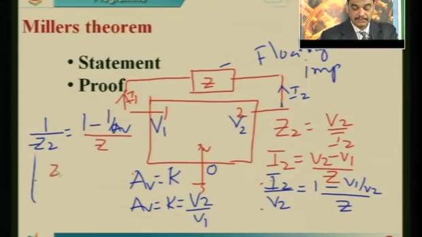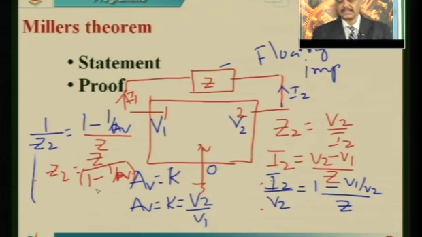Hence, Z2 is replaced with Z divided by 1 minus 1 by Av. This means the circuit can be replaced with its equivalent impedances, and then the problem will be solved.